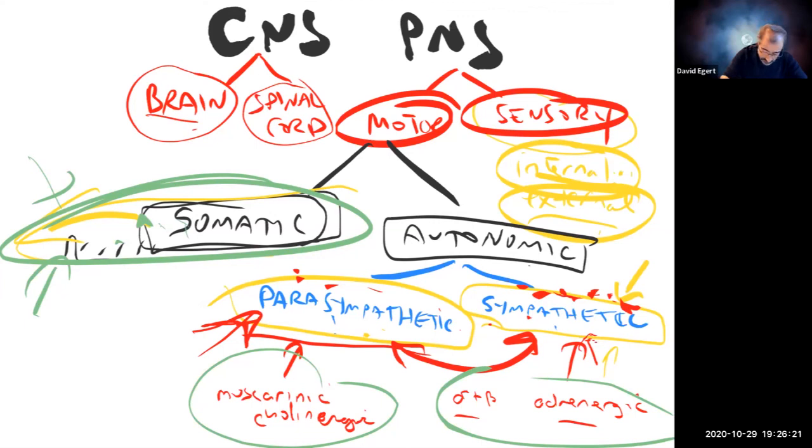Whereas over here, sympathetic, you might speed up the heart, but you suppress the digestion, right? So it might excite or it might inhibit depending on the particular part of the system you're looking at. So you can't make any blanket assumptions about excitatory or inhibitory.